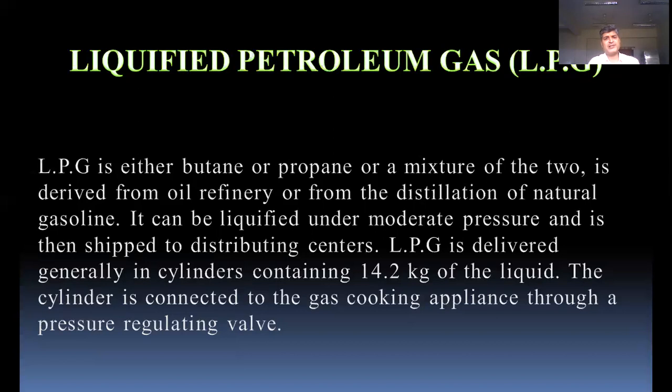LPG is delivered generally in cylinders containing 14.2 kg of the liquid. The cylinder is connected to the gas cooking appliance through a pressure regulating valve. Now this pressure regulating valve we have discussed in the previous topic.